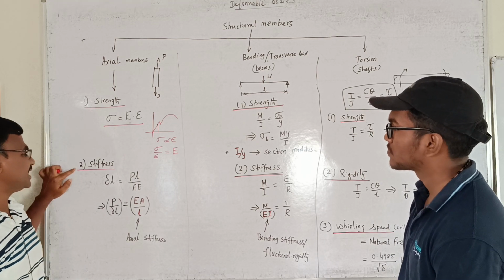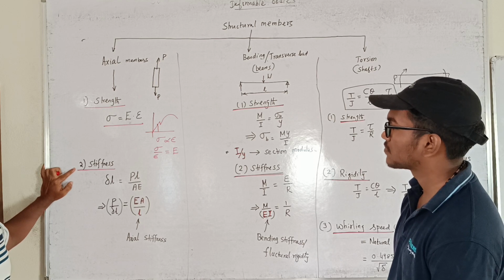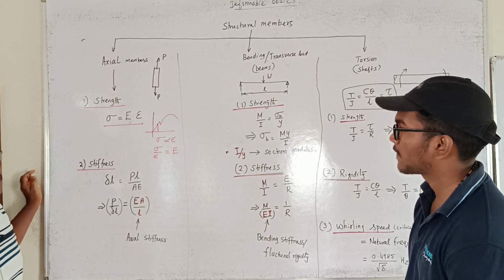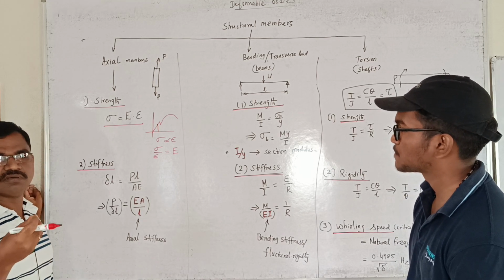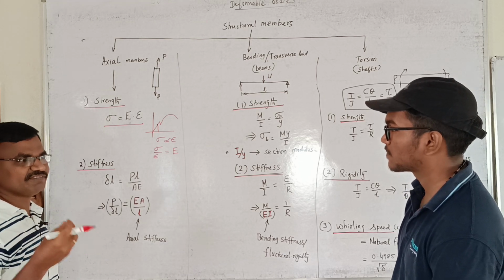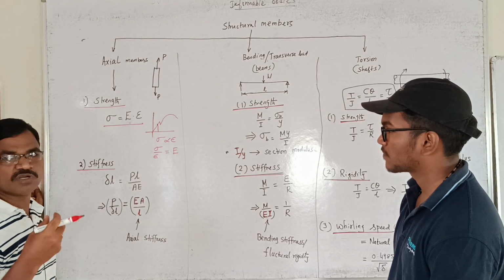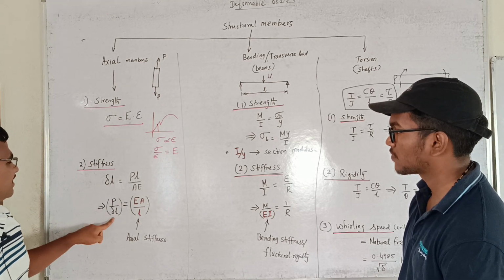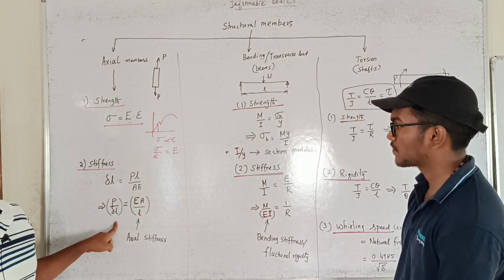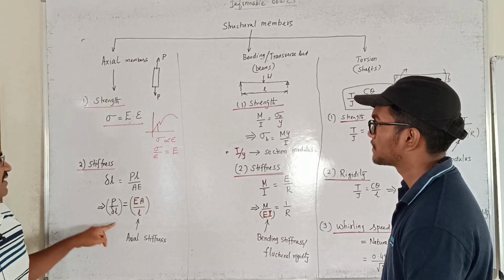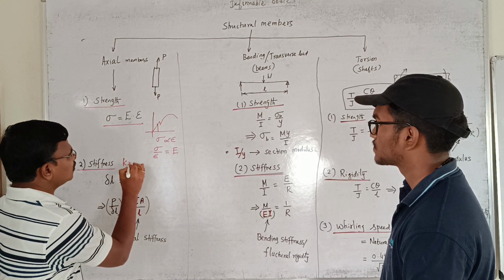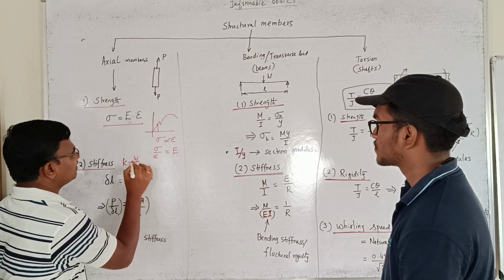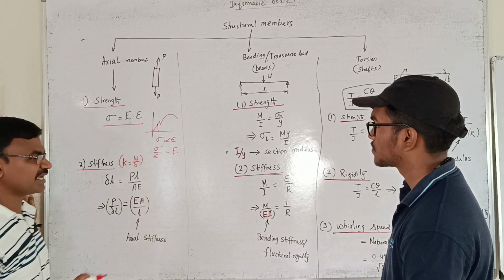Then the second criteria is stiffness. Generally stiffness means the ability of material to withstand deformation. So it takes a load without deformation, or generally we can define this as load per unit deformation is called the stiffness. So K equal to load by deflection, like that we studied in engineering mechanics.